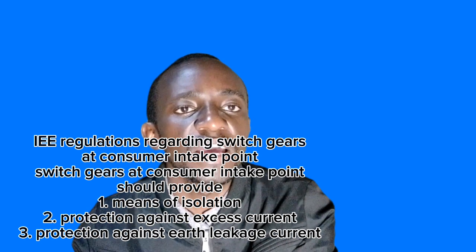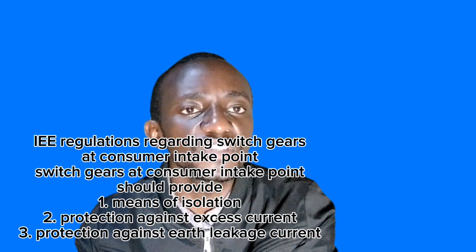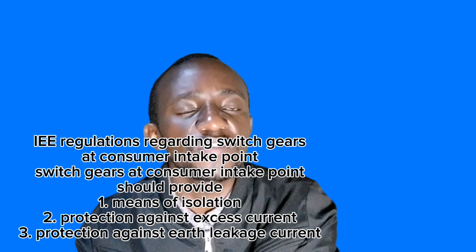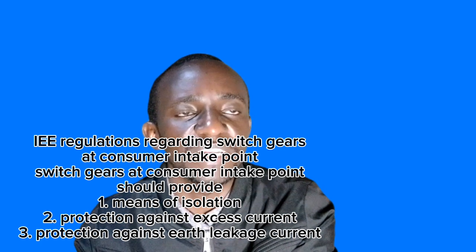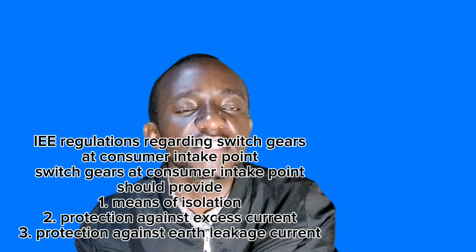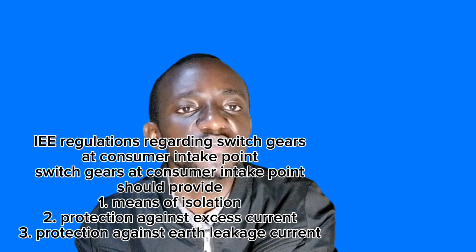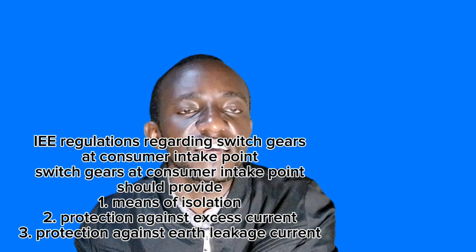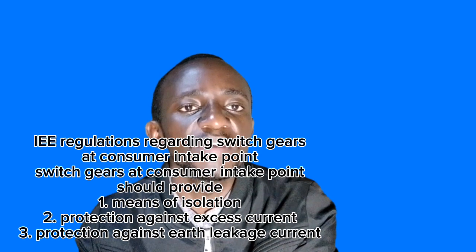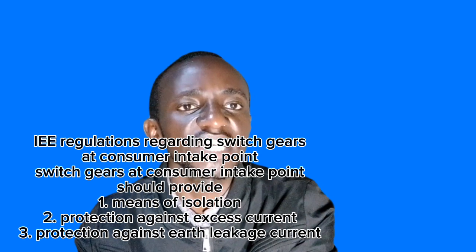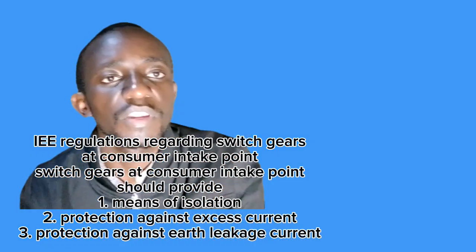Mainly fuses put themselves off by melting the fuse element, and circuit breakers trip by the principle of the bimetallic strip, which I'm going to explain in another episode. That's what we mean by the means of protection against excess current.